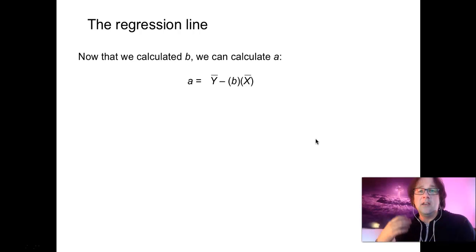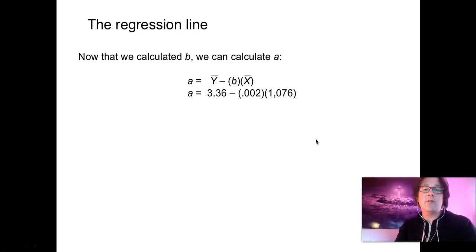Because we needed our slope in order to find our y-intercept, which is A, but the formula is the mean of y scores minus slope times the mean of our x scores. So we already have that information. We calculated that previously. The mean of y is 3.36.